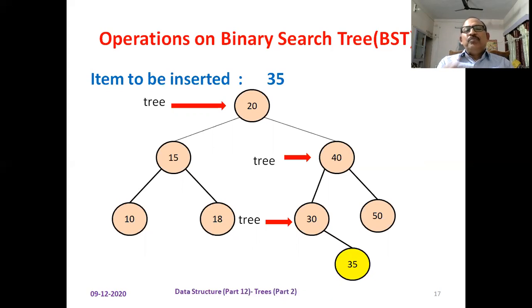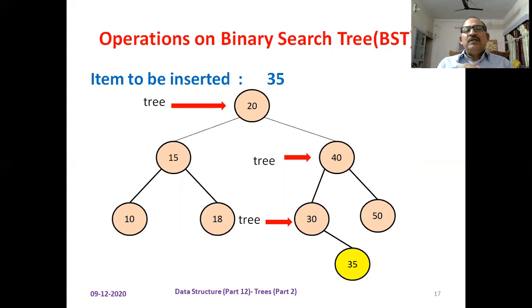Again, we will compare 40 to 35. Here we will see that 35 is less than 40. Now we will again call the insert node function with parameter tree left. Now tree left points to the 30.